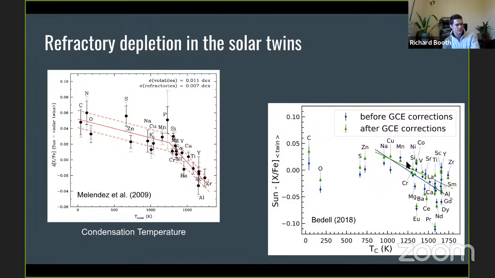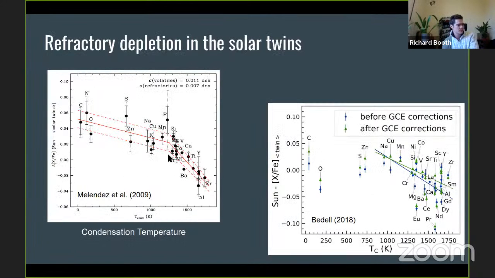It's not so clear from Megan Bedell's work that it should be a slope, rather than just a bunch of elements that are not very depleted and a bunch of elements that are more strongly depleted. But it's clear that the depletion in some sense is real. And I was interested in the origin of this.